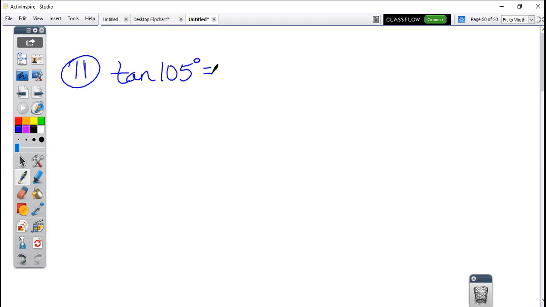To make this a half angle, I need to be dividing something by 2. So what do I do to the 105? Not divide it by 2, but multiply it by 2, because I want it to still equal 105. Okay, so 210 divided by 2. And now I'm not going to use my sum and difference identities.